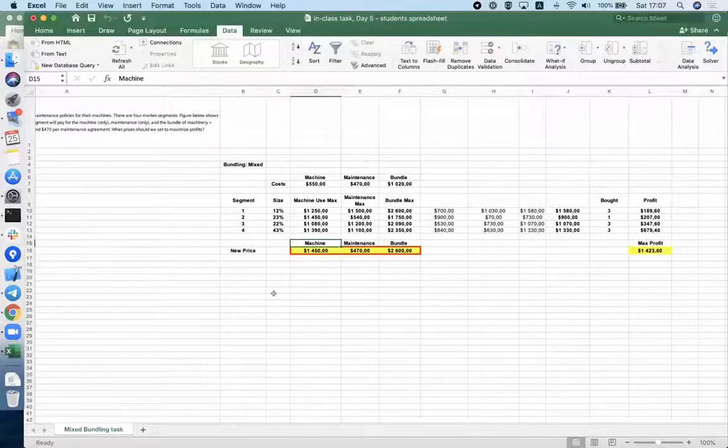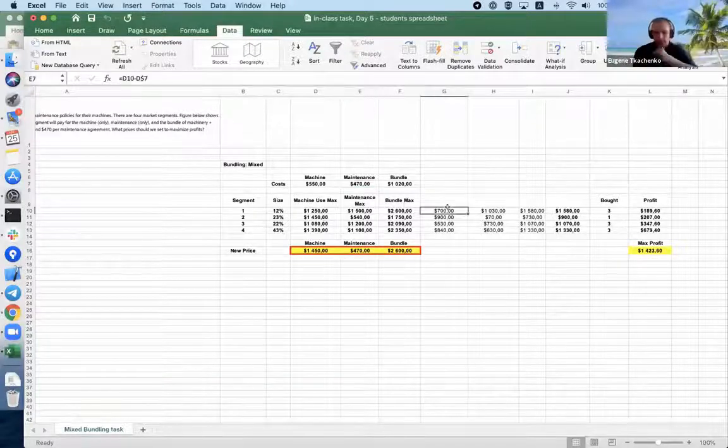Okay, great. So I just put in each of the fields on the right the formula to make a difference between this field and our costs. And then I just move it.